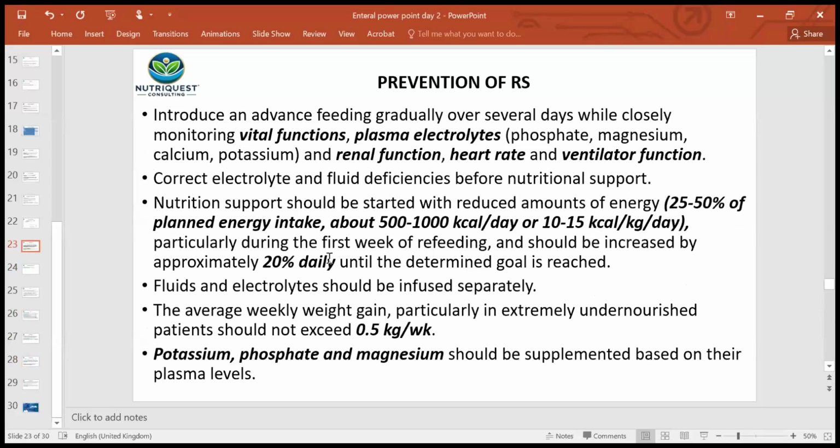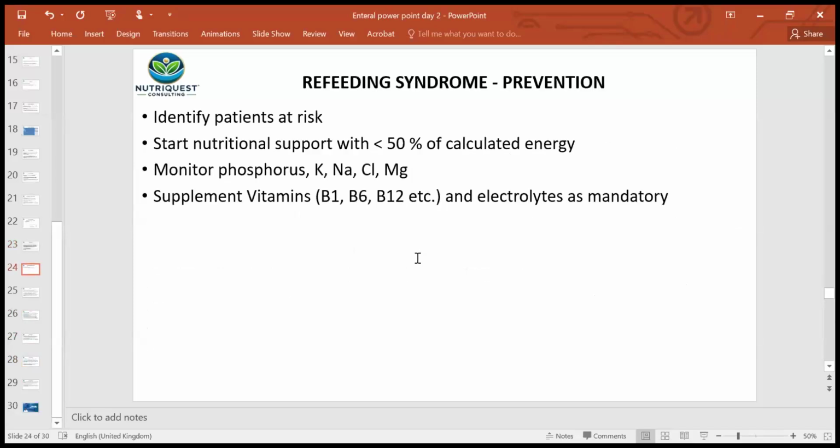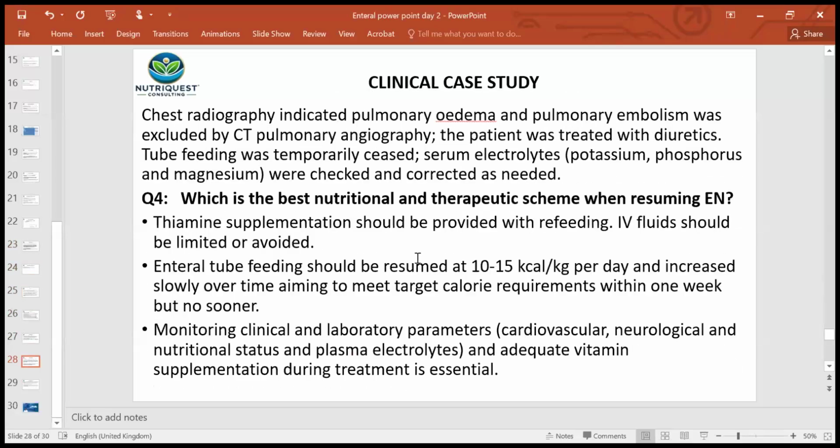Then we increase it during the first week because this patient is at risk of refeeding syndrome. So that is the explanation. Then monitoring clinical and laboratory parameters: you need to monitor cardiovascular, neurological, nutritional status, and plasma electrolytes, and adequate vitamin supplementation during treatment is essential. So this is a patient who will qualify for multivitamin supplementation.